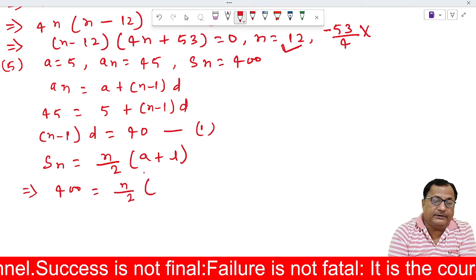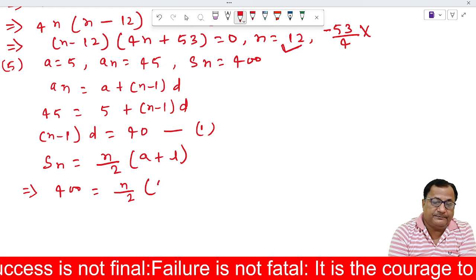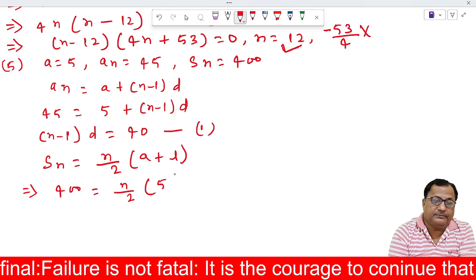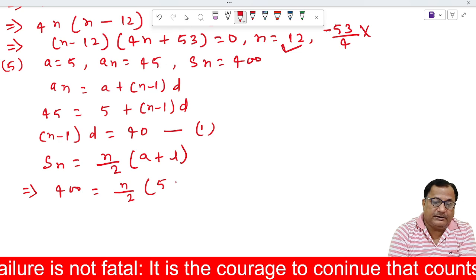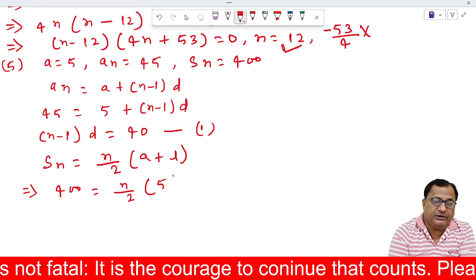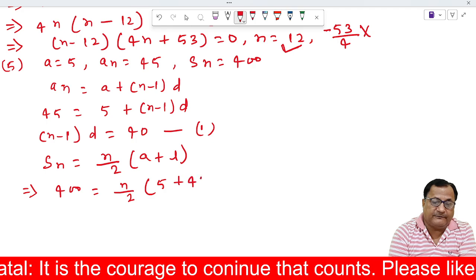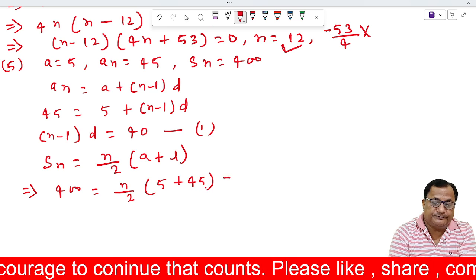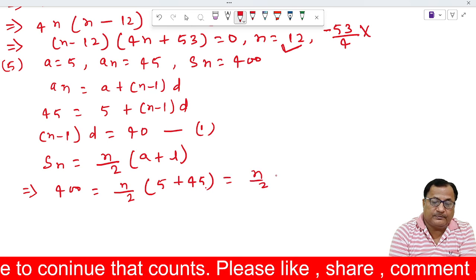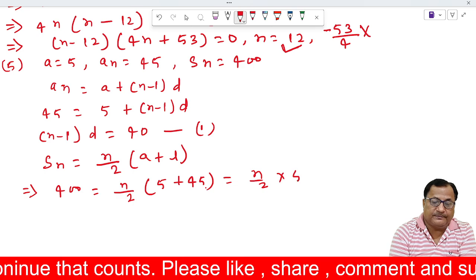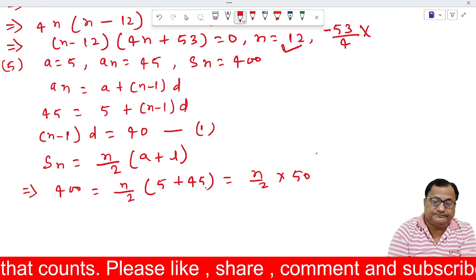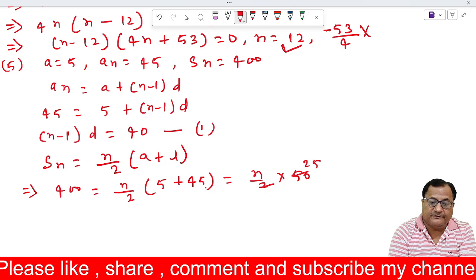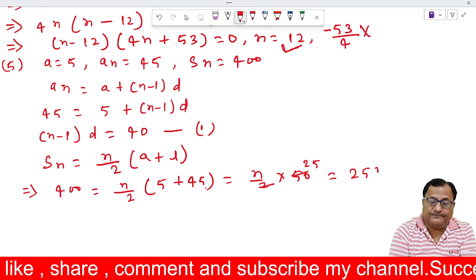A is given 5, l is equal to an, means 45. Then n by 2 into 50 is equal to, this will cut, 25, means 25n.